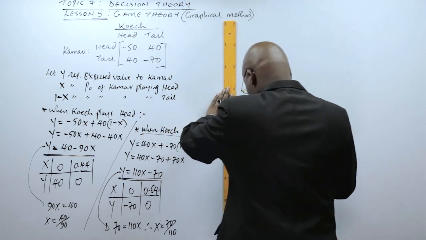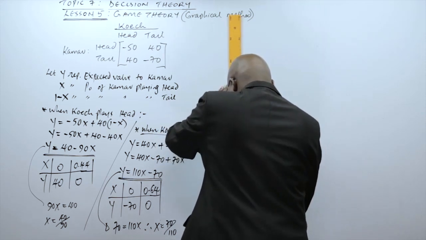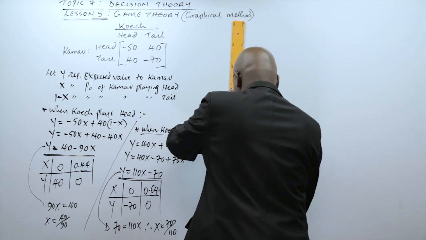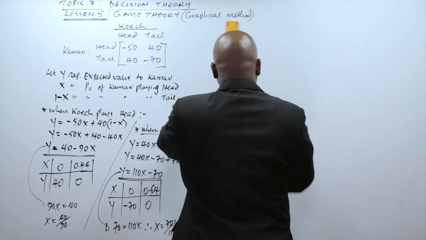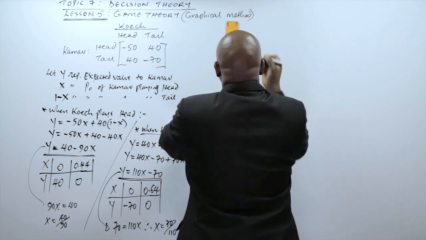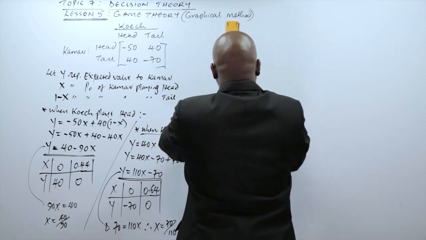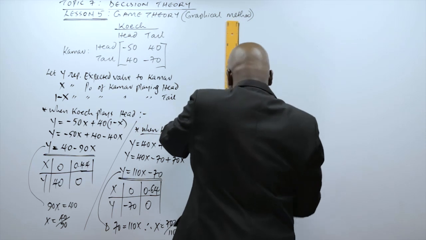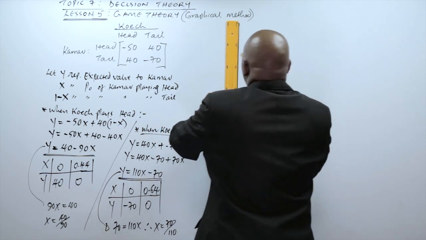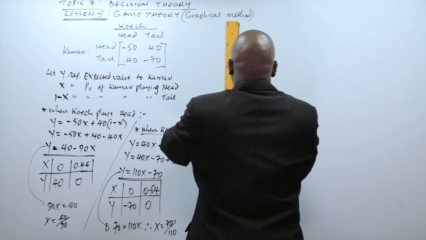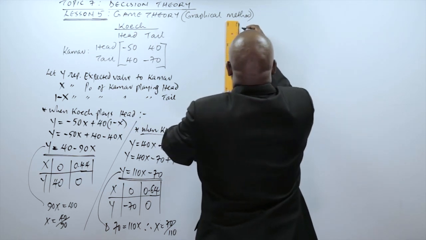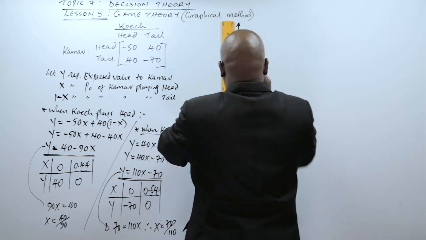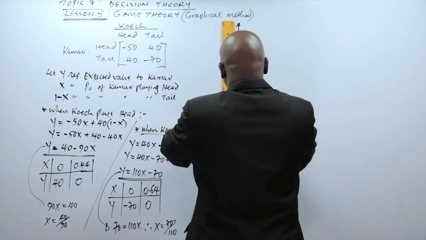So we have this. We draw a line. That's the line we have. And assuming that this is our y-axis, we can come up with a scale.